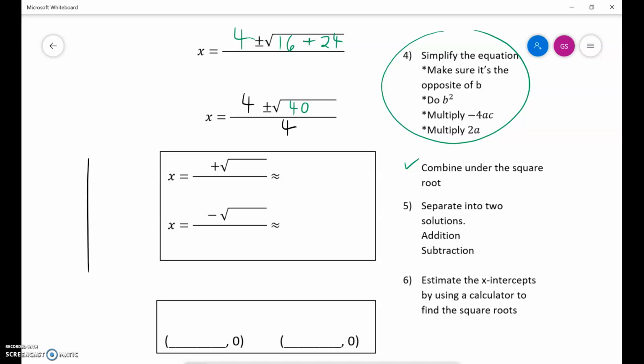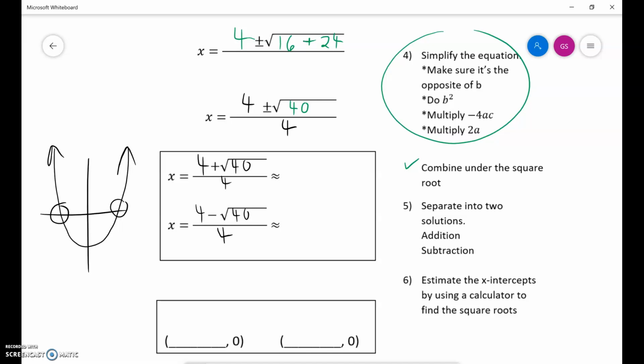One of the things we're actually doing is finding the x-intercepts, and lots of quadratic equations have 2 x-intercepts. So I'm going to get one of them from adding and one of them from subtracting. Okay, so I've got 4 plus the square root of 40 over 4, and 4 minus the square root of 40 over 4.